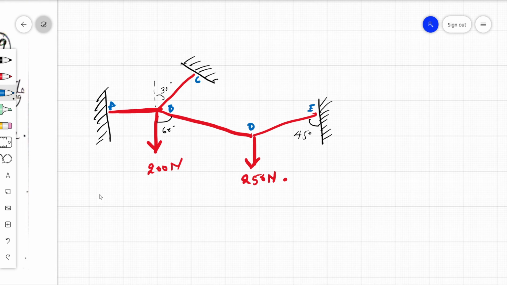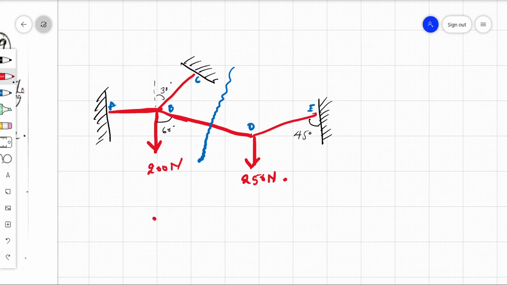It is very easy. What we do is we divide this into two components. I'll talk about the point D first.